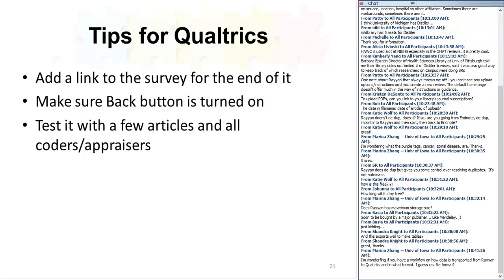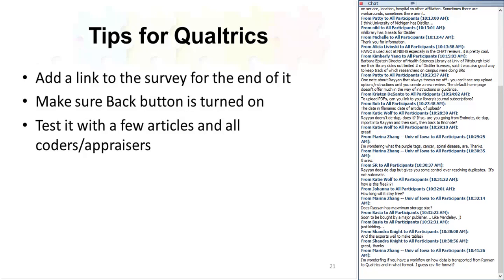So this is asking about from Rayyan to Qualtrics. There really isn't any information to put into Qualtrics from Rayyan other than if, let's say, here's my list of included articles that I now want to code. From Rayyan, I would export into Excel, and then I would have that list that I could copy of the titles.